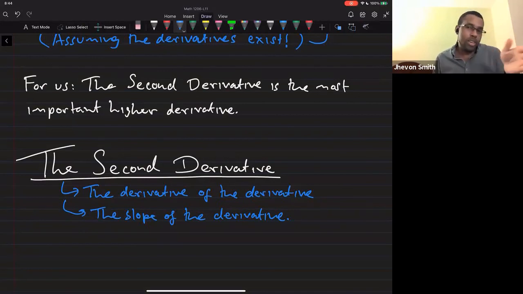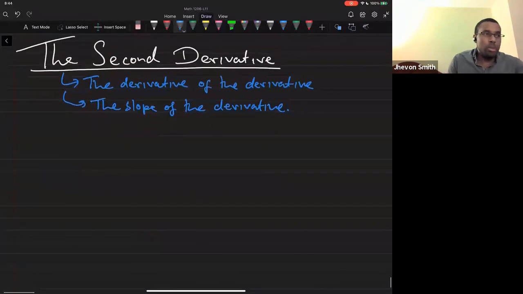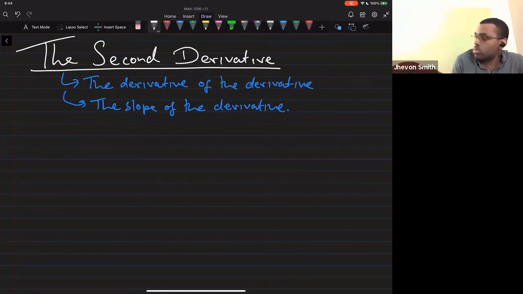So you're kind of finding the slope of the original function's slope, which at first might seem like it wouldn't make any sense, but it actually makes sense. Maybe I'll talk about what that is. Here are some important applications. For us, there are two important applications.